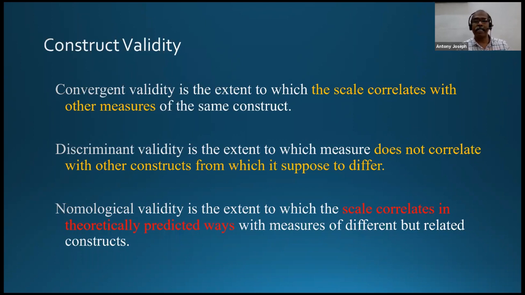And nomological validity is the extent to which a scale correlates in theoretically predicted ways with measures of different but related constructs. Remember that.